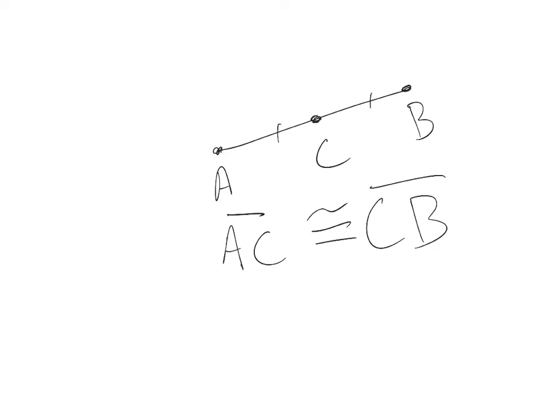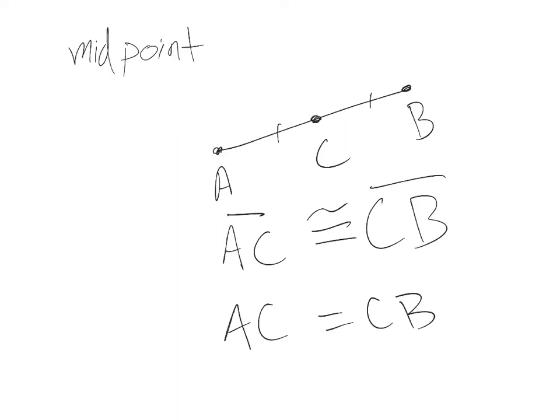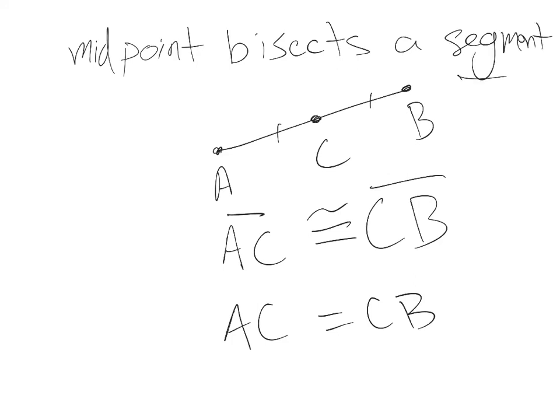We could also say if AC equals CB, talking about their lengths, that would also mean that C is a midpoint. C basically has to bisect. A midpoint bisects a segment. What you may want to ask yourself is, why does it have to be a segment? Why don't we say line there? Think about that. Think about why lines might not have midpoints.